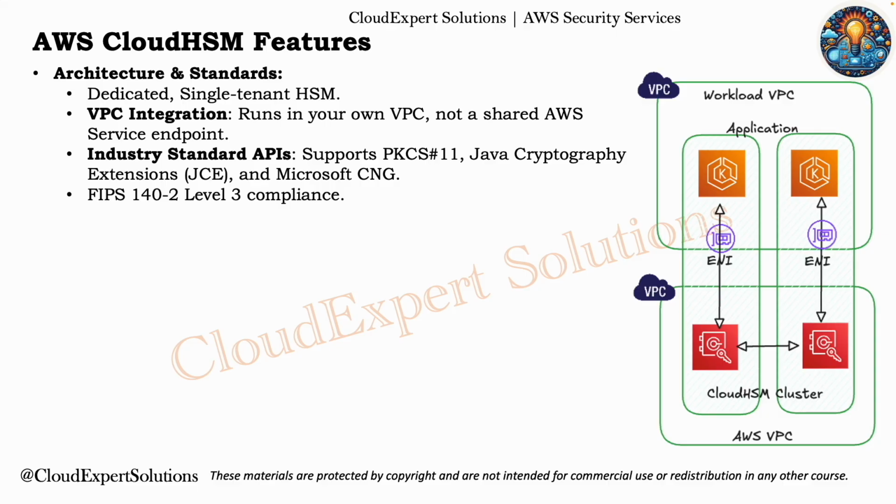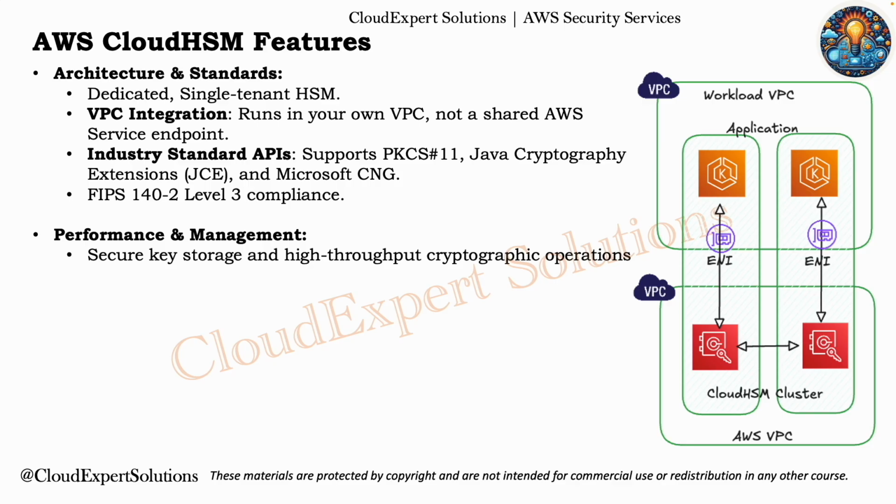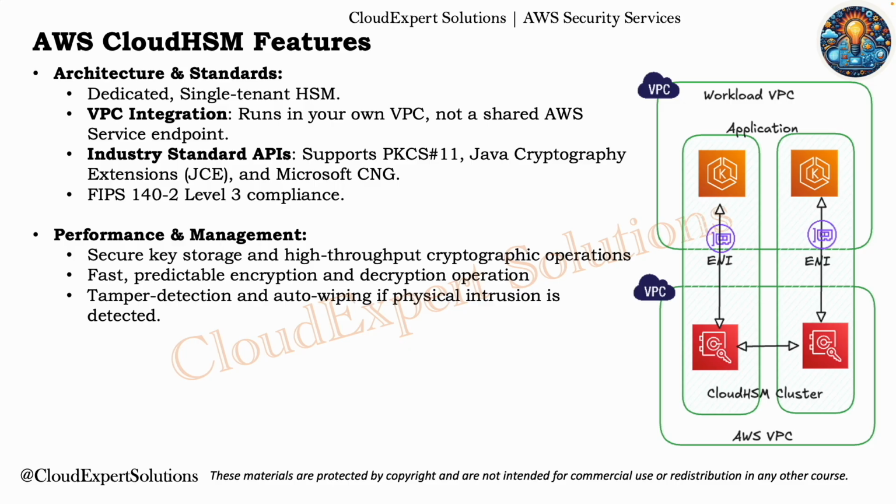Now let's talk about performance and management aspects in AWS CloudHSM. CloudHSM provides secure key storage combined with high throughput cryptographic operations. Since cryptographic processing happens on dedicated hardware, operations like encryption, decryption, and digital signing are fast, predictable, and isolated from other customers. The next feature is tamper detection.